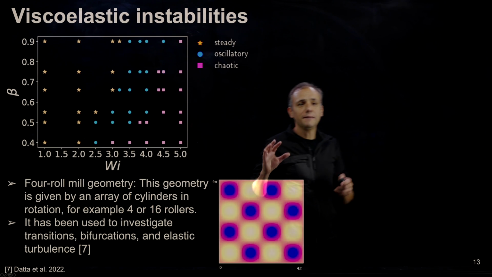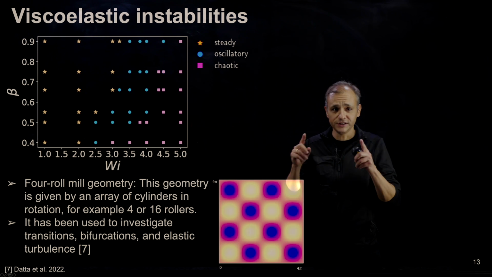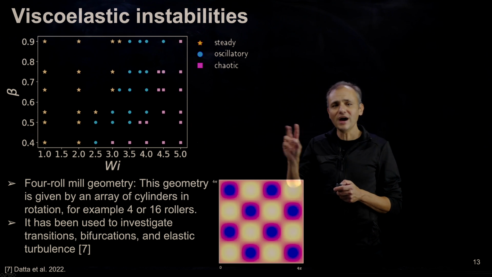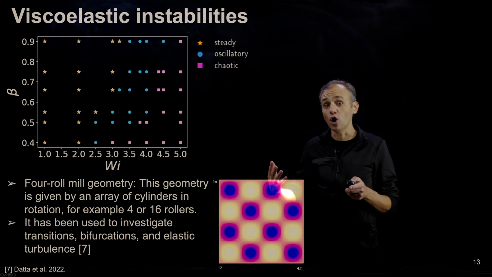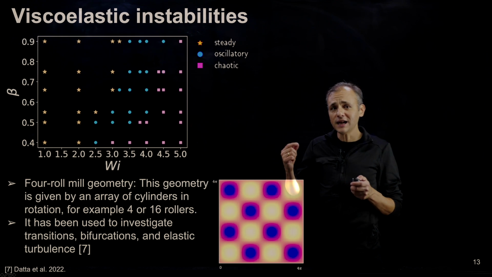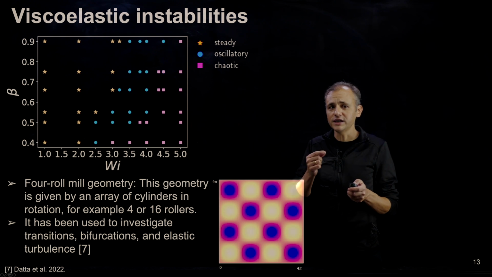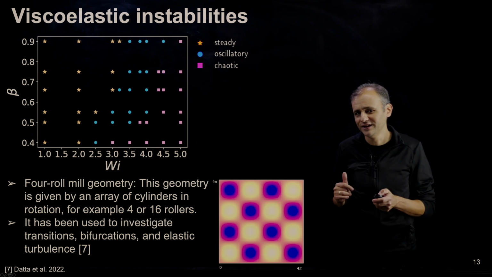If you construct a map varying the parameters in our simulation using this geometry, the four-roll mill benchmark, you have two parameters because we are using a simplified viscoelastic model, the Oldroyd-B. If you change the values of these parameters, the Weissenberg number and beta, you can analyze transitions from steady to oscillatory and chaotic.